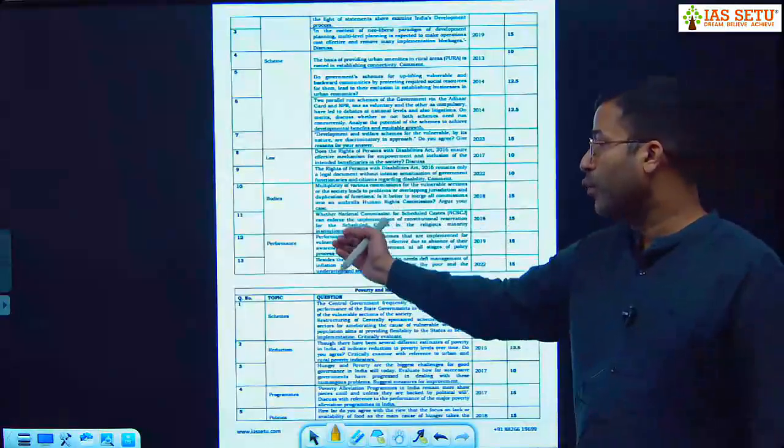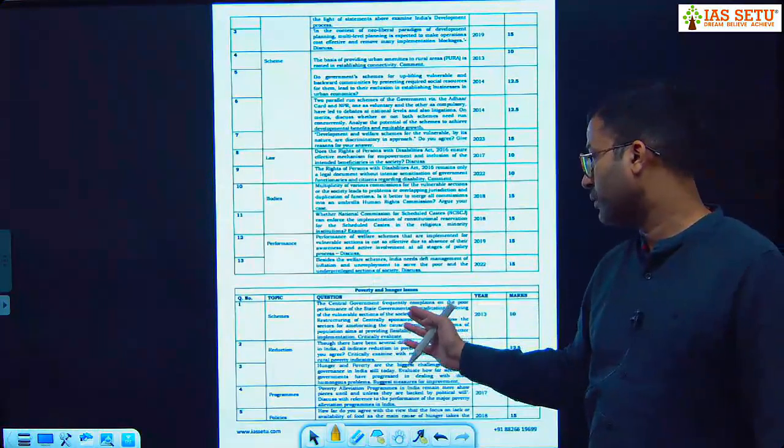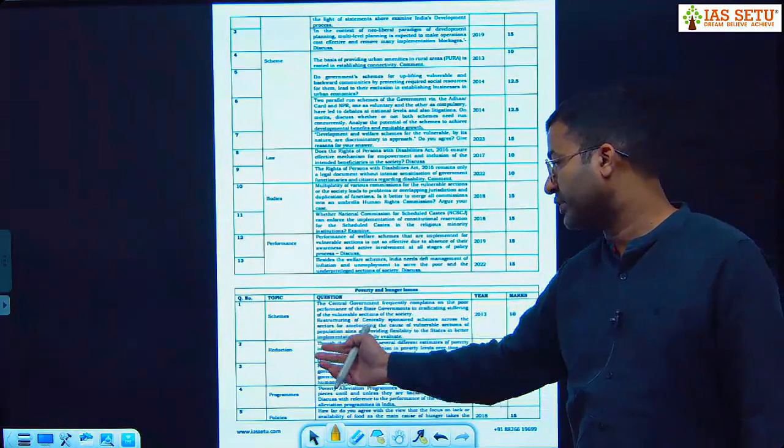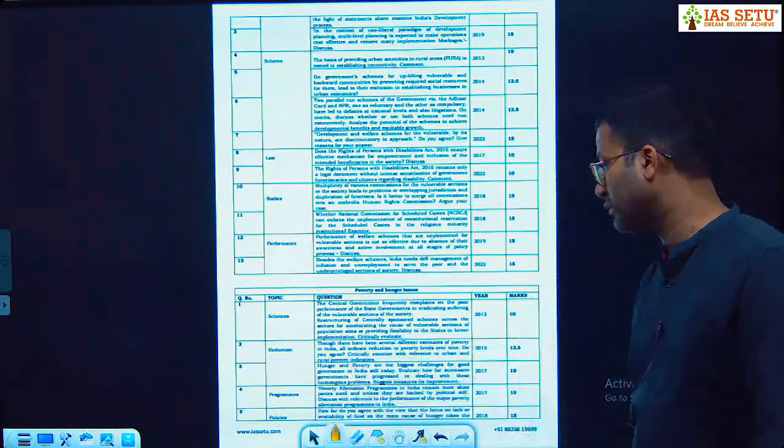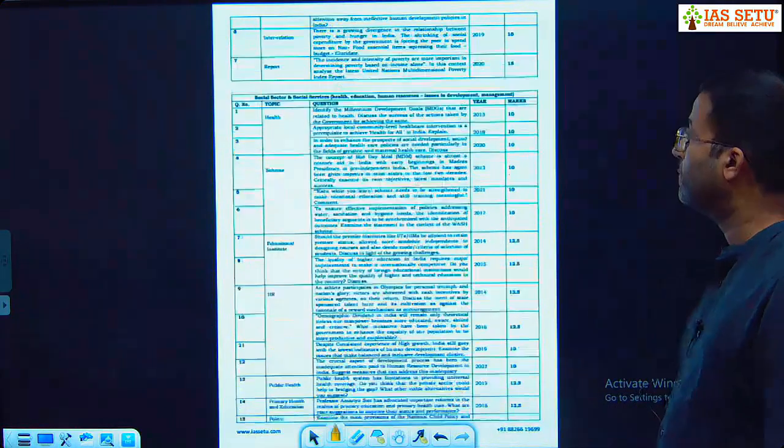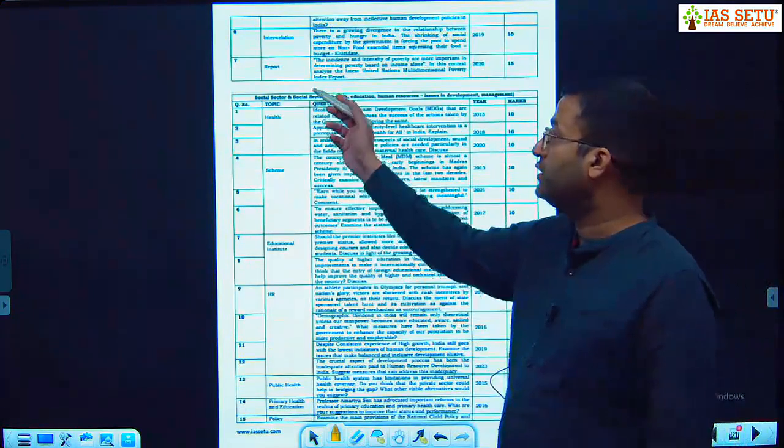Then this is social justice: schemes, law, bodies, performance. Then poverty and hunger issues, scheme, reduction, program, policies. Interrelation, report.